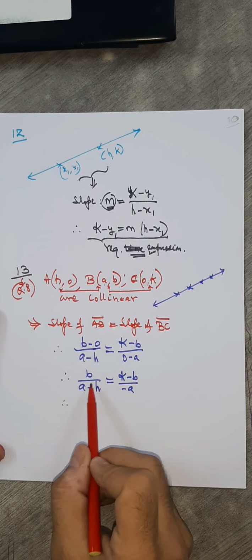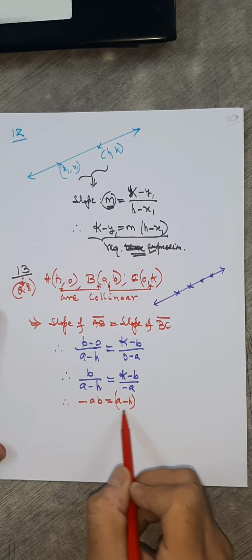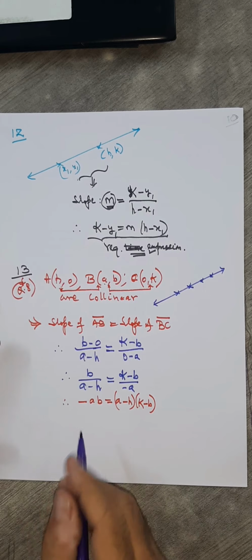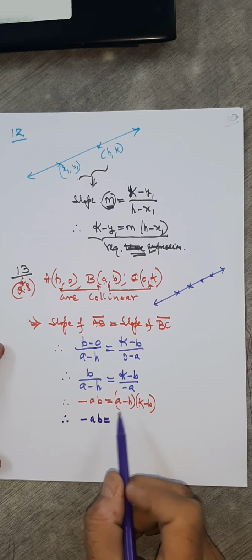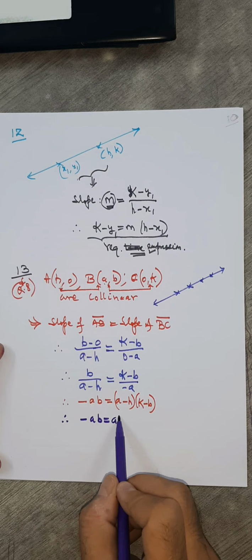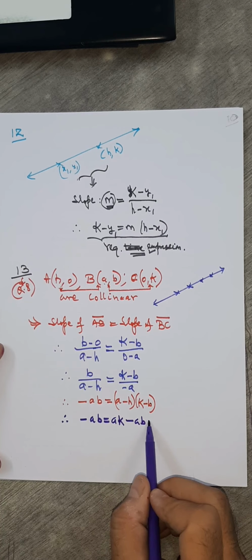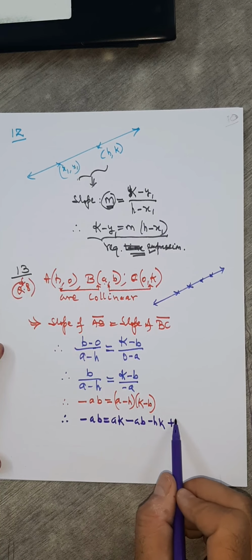So cross multiplication here: minus AB equals A minus H into K minus B. We'll just open the bracket on the right hand side. Minus AB equals, here we have AK, then minus AB, then HK, and plus BH.